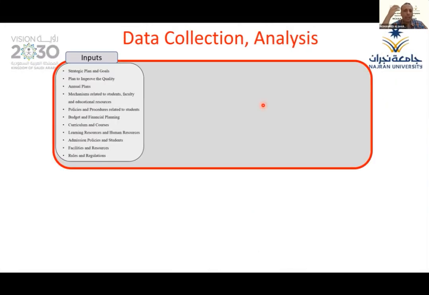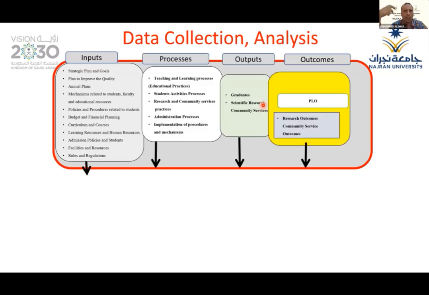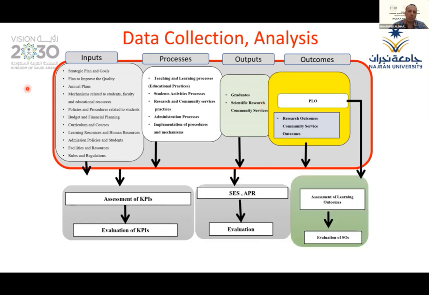Remember our data collection and analysis based on our continuous improvement framework. We collect data from input, from processes, and from output. From input, from stakeholders, using KPIs, reports, and surveys. And we come up with standard reports.